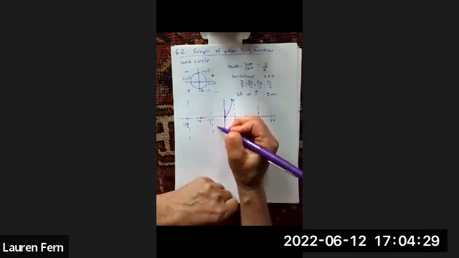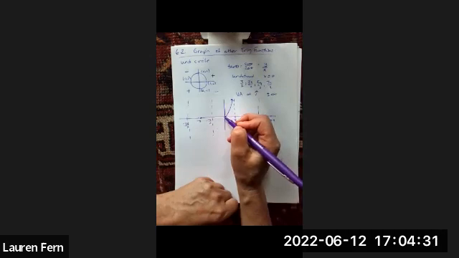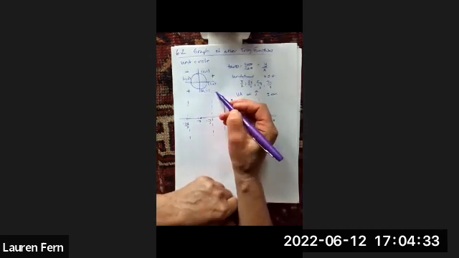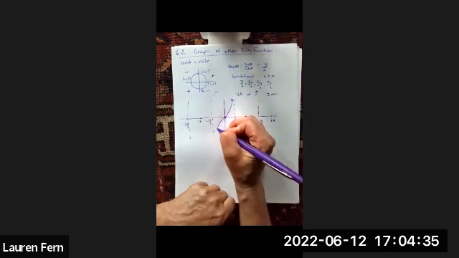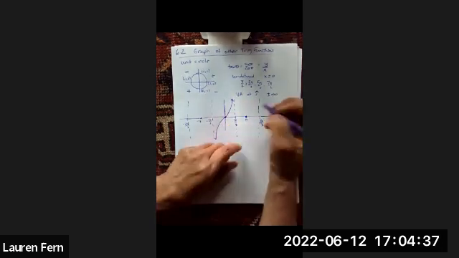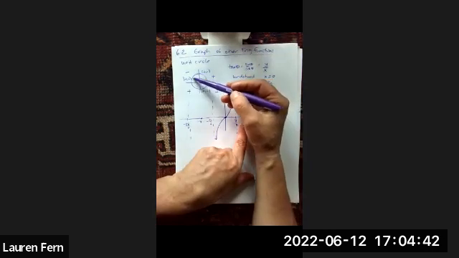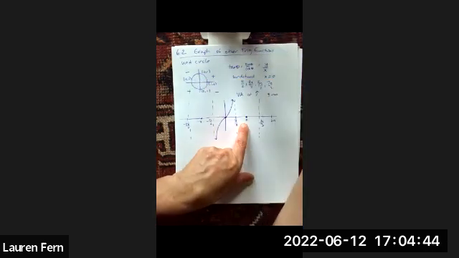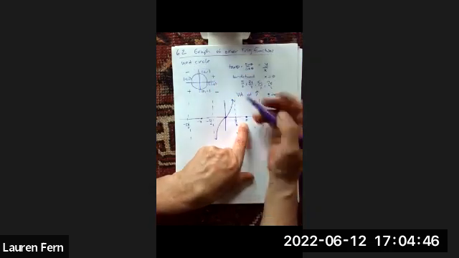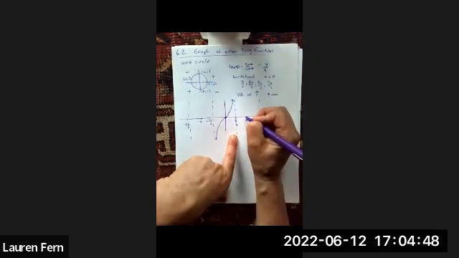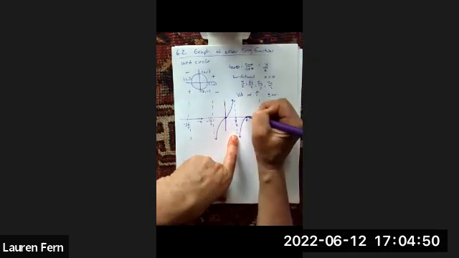Let's just continue on this guy here. I know at negative pi over 4, it's negative 1. And what we're going to see is as follows. Notice between pi over 2 and pi, my tangent is negative.